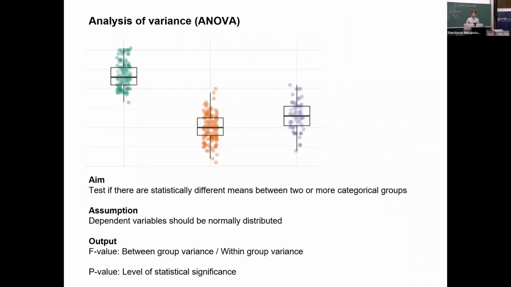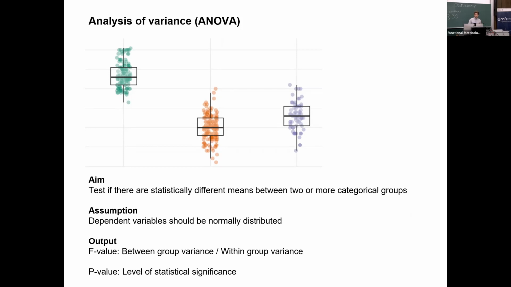Okay. So in the data sets that you have been working with, there are several groups. And what you usually do when you have more than two categories and you want to see whether there's a difference between these conditions, you use ANOVA.